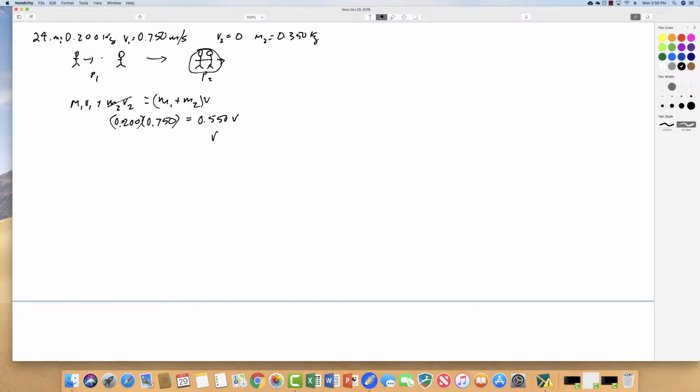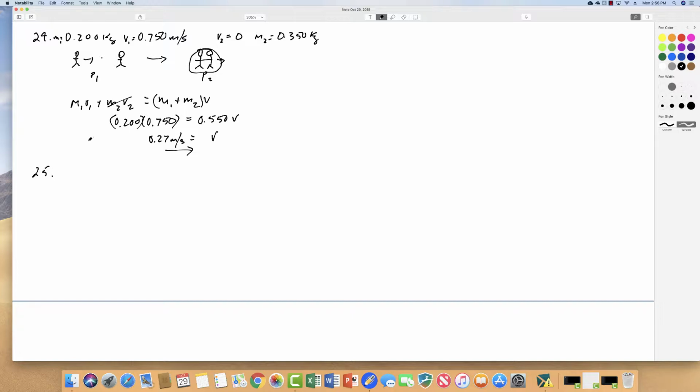So v is going to be these two multiplied together, then divided by this. And that's going to equal 0.27 meters per second. And I just assumed that this was positive, and then this is 0, so you don't have to worry about that. So the final velocity is also positive, meaning it's from left to right.